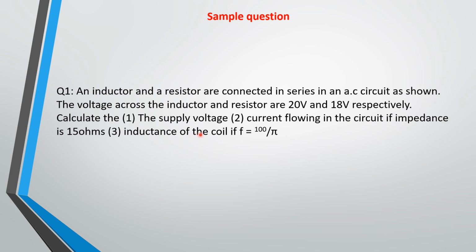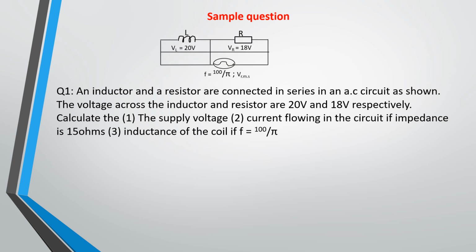Calculate: 1. the supply voltage, 2. the current flowing in the circuit if the impedance is 15 ohms, and 3. the inductance of the coil if the frequency is equal to 100 over pi. So this is the picture of what this question is talking about.